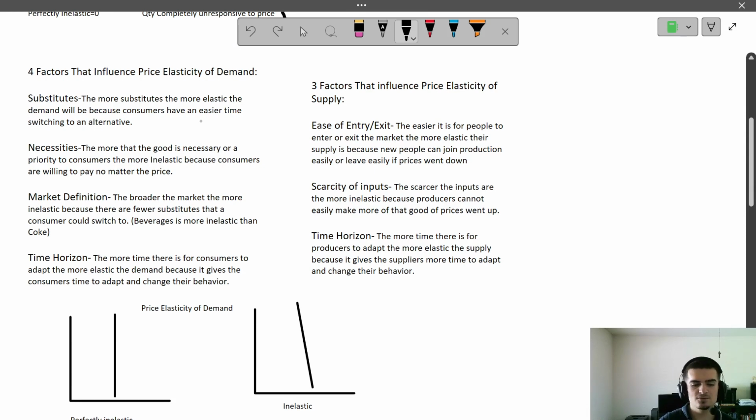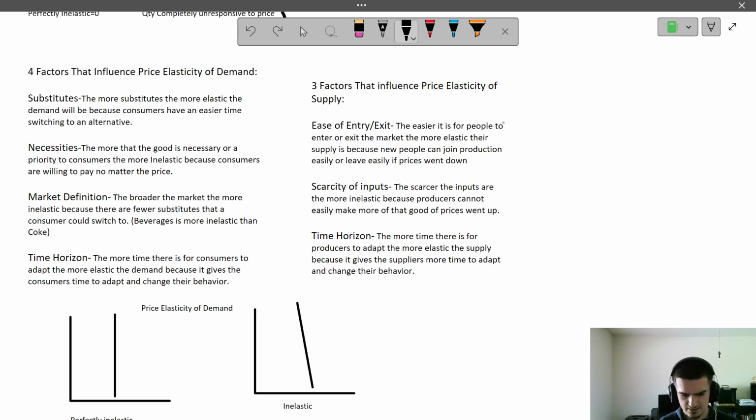The next thing that influences price elasticity of demand is necessities, or how necessary the good is. The more that a good is necessary or a priority to a consumer, the more inelastic it will be, because consumers are willing to pay no matter the price.